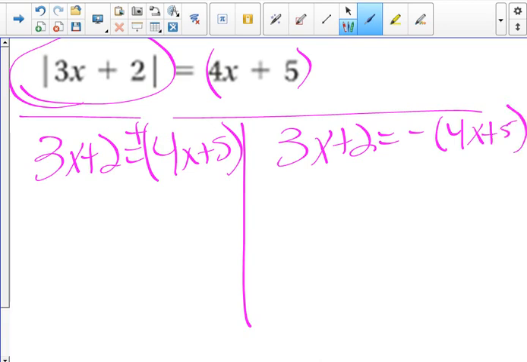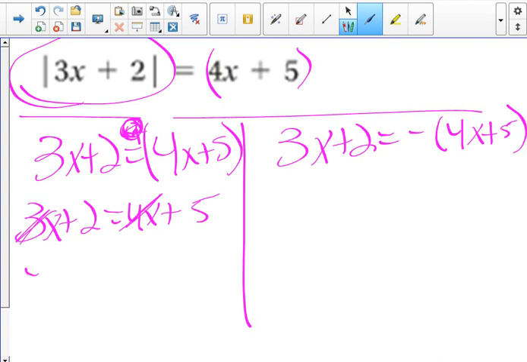Now, here there's nothing to distribute on the plus side, so just remove the parentheses and solve. 3x plus 2 equal 4x plus 5. Subtract 4x from each side and you get negative 1x. Subtract 2 from each side and you get 3. Now divide each side by negative 1 and you get x equal negative 3.